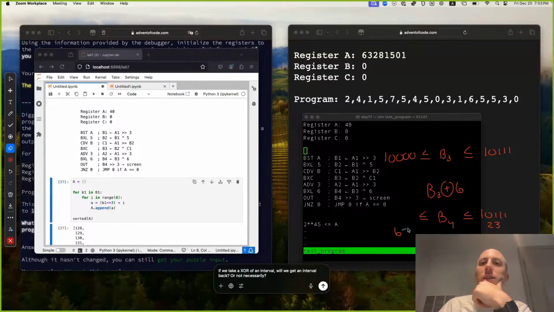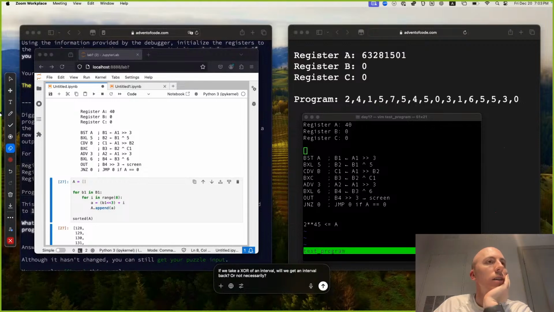Let's see how the logic changes, if any. So we need to output a 4.